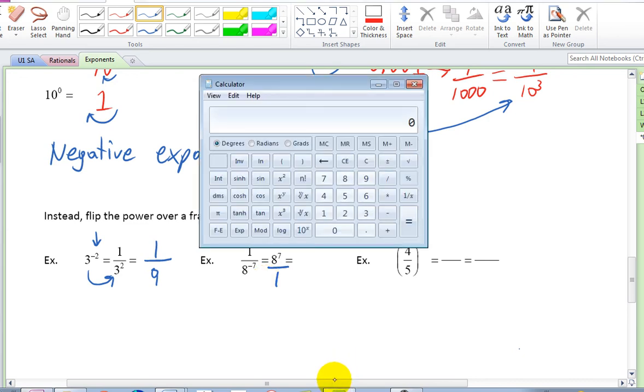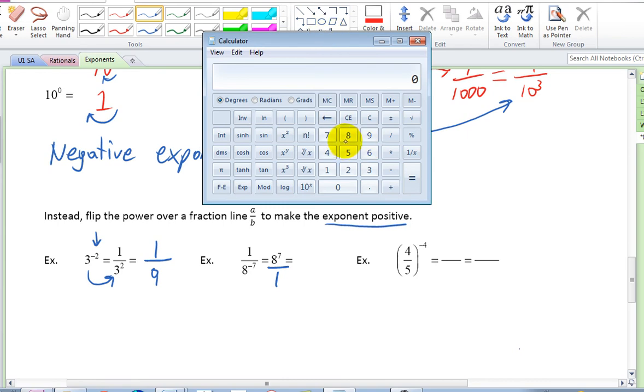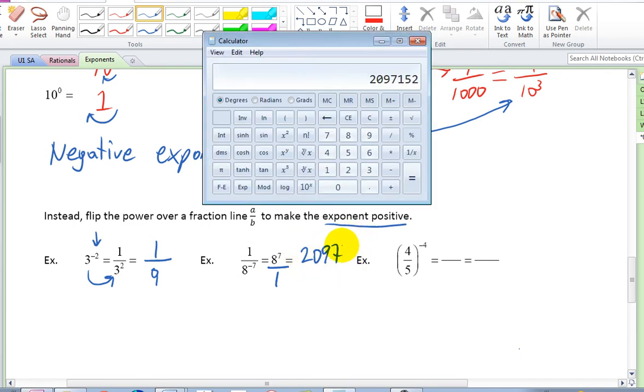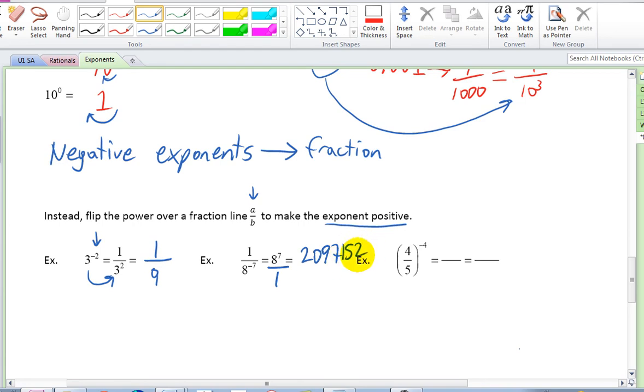You should grab yours out, please. 2,097,152. So if we're in a fraction, we got to take it out of the fraction.